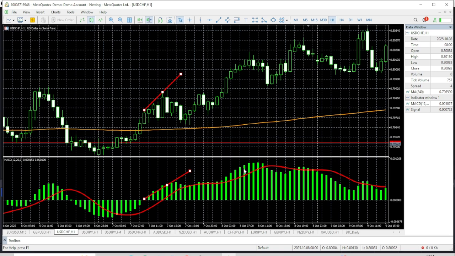What you see over the internet is that you shouldn't risk more than 1% per trade. Ours is not per trade. All the trades that are running must not risk more than 1%.